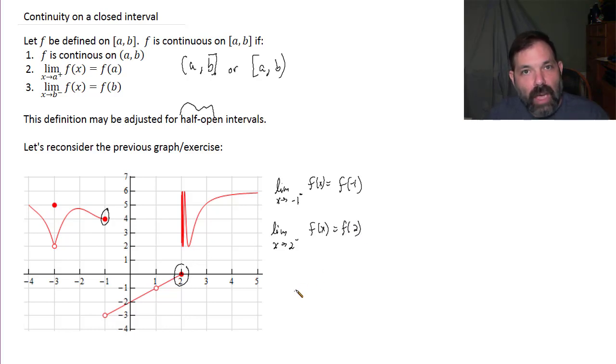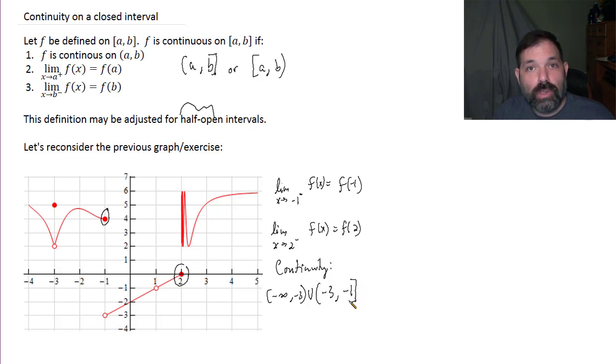And so I can revise my understanding of the continuity of this function as such. The function is still continuous from negative infinity to negative 3, open. That hasn't changed. However, I can see that the function is continuous from negative 3, open at negative 3, to negative 1, closed.